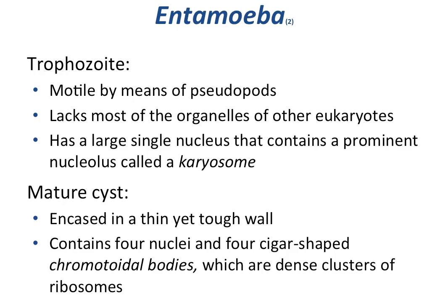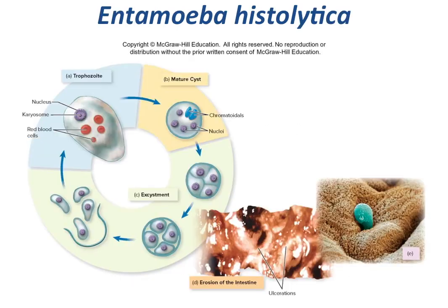So the mature cyst is encased in a thin yet solid wall. Okay, contains 4 nuclei and 4 cigar-shaped chromatoidal bodies. So this diagram shows the life cycle of the amoeba. So this is mature cyst. This is trophozoite.